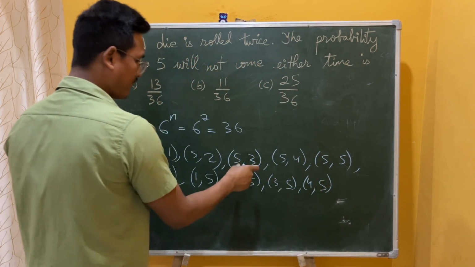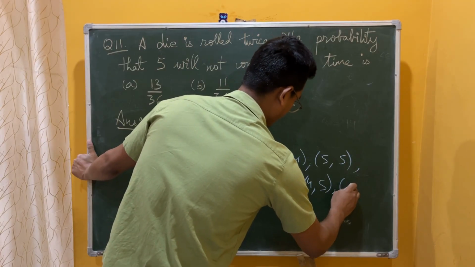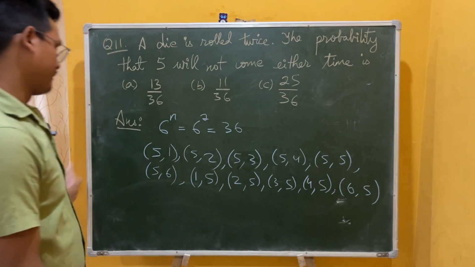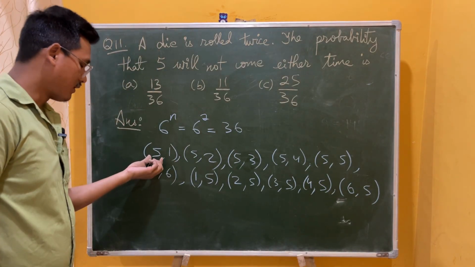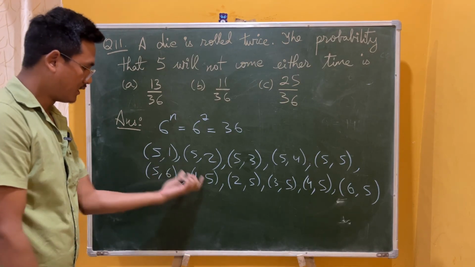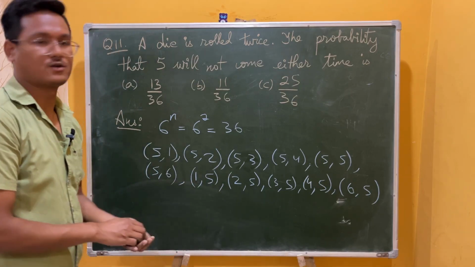You cannot write 5, 5 again because it's already counted. Remember that these two are different. This means in the first row 5 is showing up, in the second 1 is showing up. This means in the first row 1 is showing up, in the second row 5 is showing up.